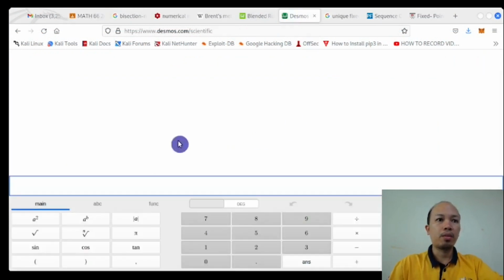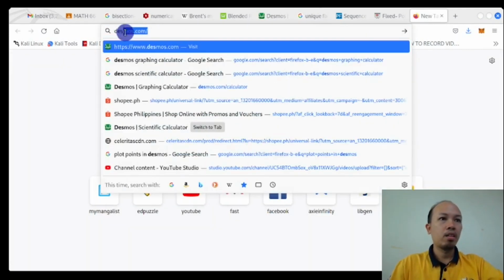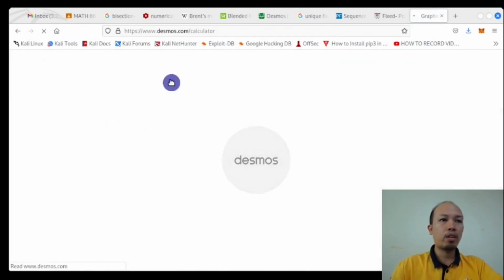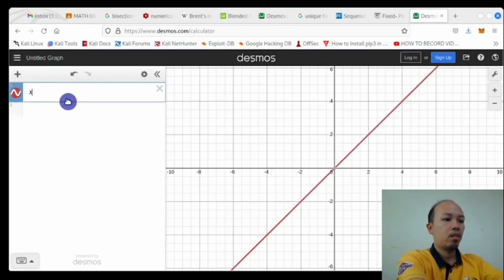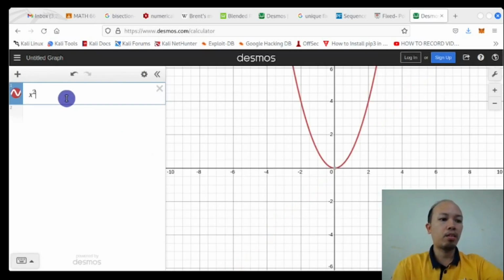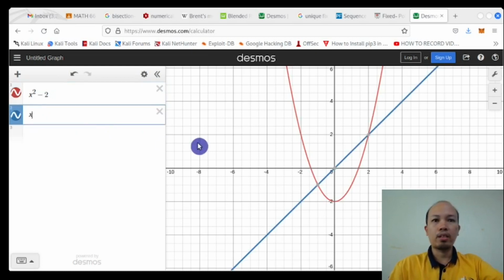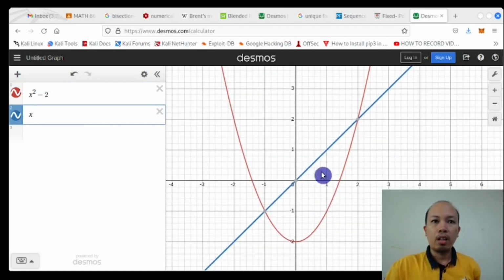This one here, our website, and let's say Gizmo's graphing calculator and graph the function x squared minus 2. So we have here x squared minus 2, and then is equal to x. So what we mean by the fixed point is that based on the graph, it is the intersection between the function g and the line y is equal to x.